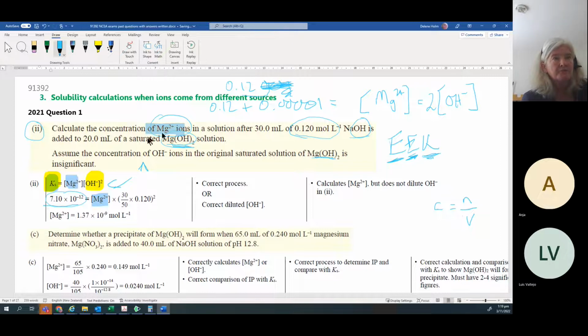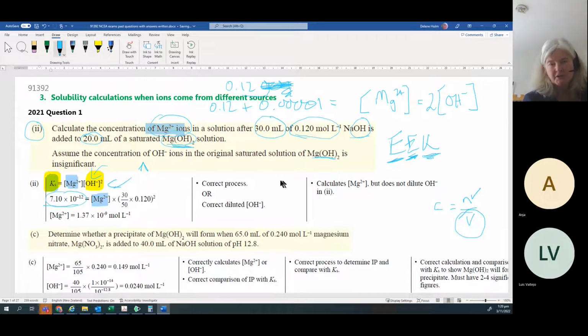So we know the concentration of the hydroxide, but we can't substitute it directly into there simply because we've changed the volume. So n is the same because we haven't increased or decreased the hydroxide number of moles, but we have added 30 milliliters of this to a volume that already has 20 mL.